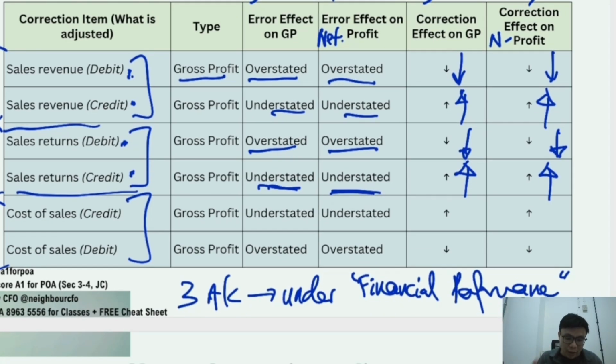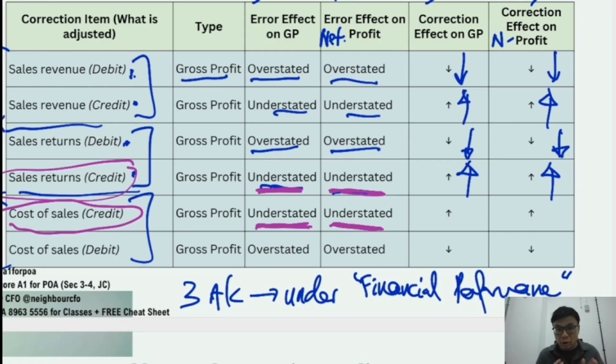You will realize that for your cost of sales, when you do a correction in terms of the crediting to rectify the error, the effect of the error on start is the same. You have understating for the GP, you have understating for the NP. Likewise, over here, you have understating.